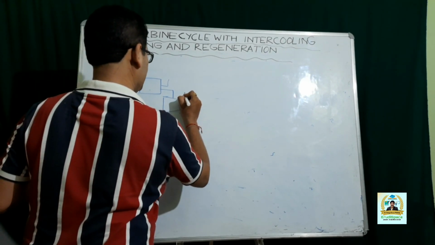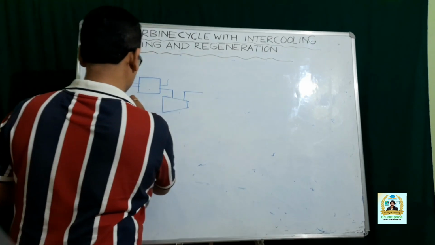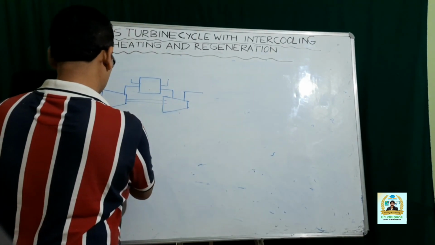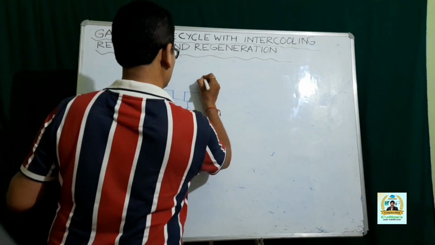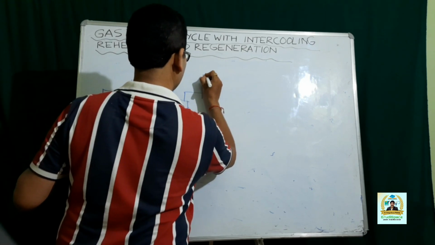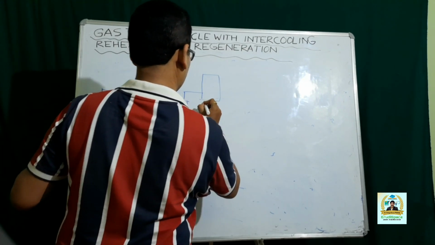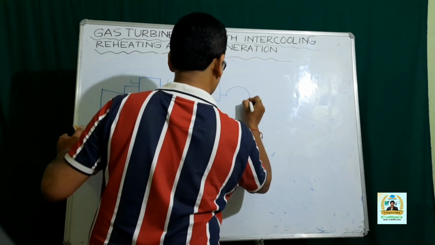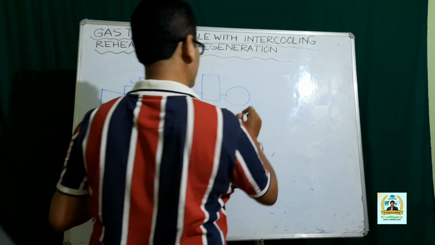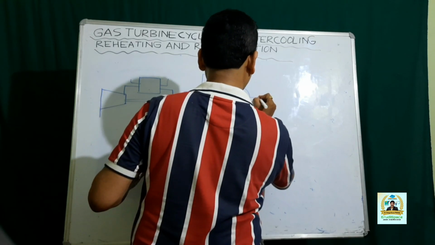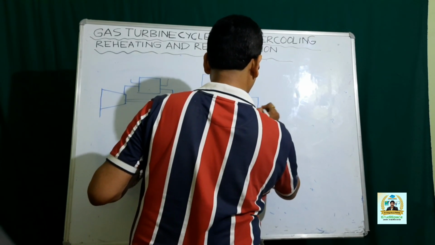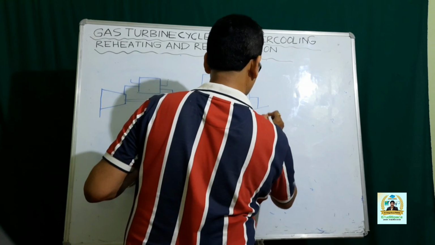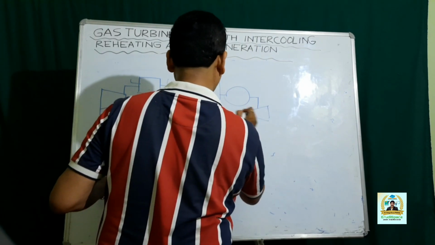After that, it is taken to the regenerator, and then you have the combustion chamber, and after that it is taken to the first stage of the turbine.